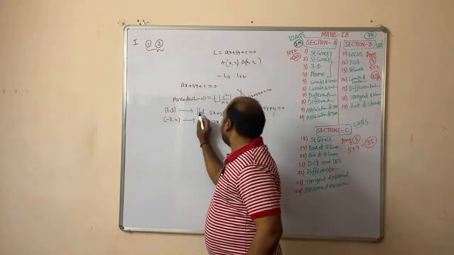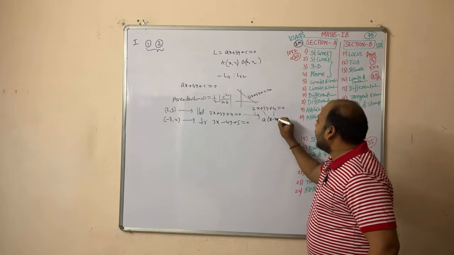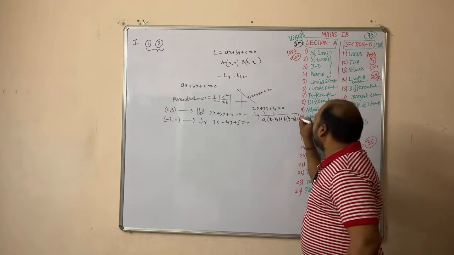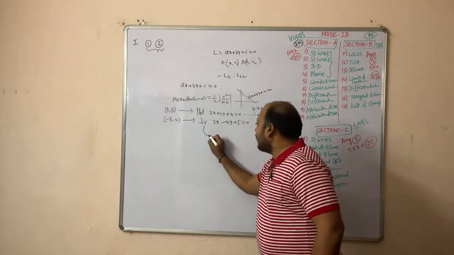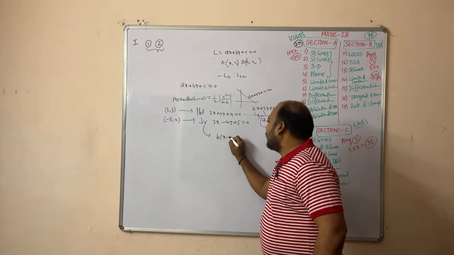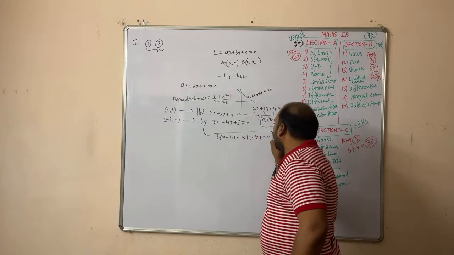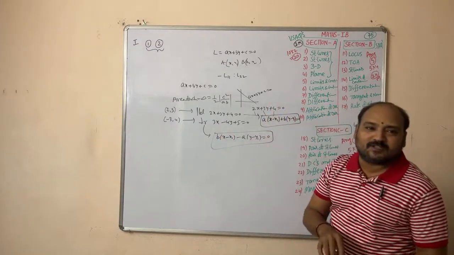So for this type of parallel lines, we need to apply a into x minus x1 plus b into y minus y1 equal to 0 for the parallel lines. For the perpendicular lines, b into x minus x1 minus a into y minus y1 equal to 0. It is not compulsory to apply these formulas which are in the textbook, dear students.